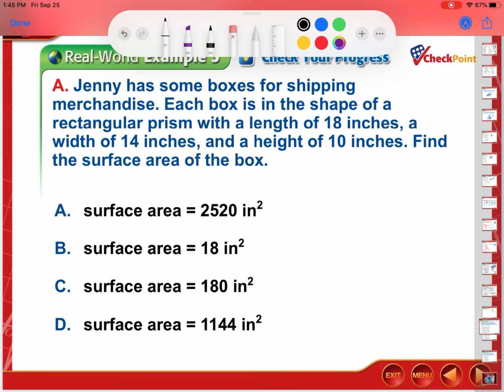Jenny has some boxes for shipping merchandise. Each box is in the shape of a rectangular prism with a length of 18 inches, a width of 14 inches, and a height of 10 inches. Find the surface area of the box. The surface area of this would be our perimeter times our height.